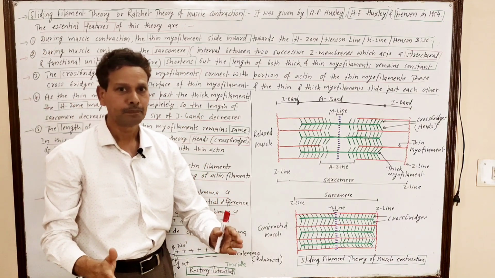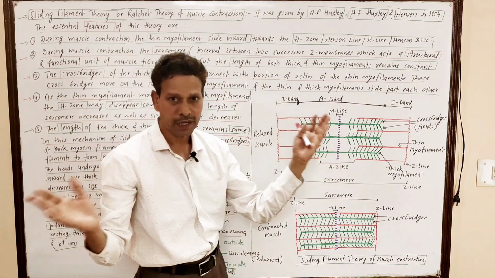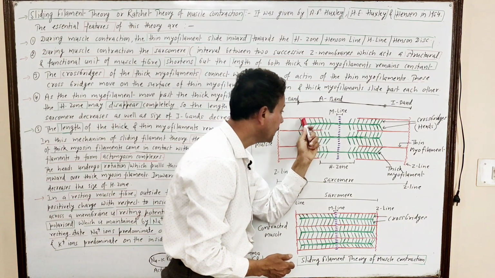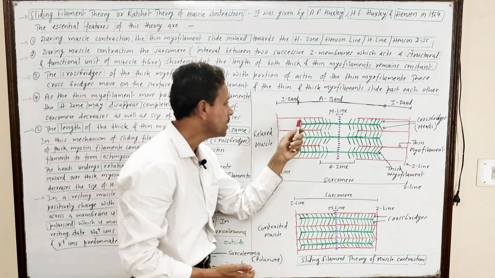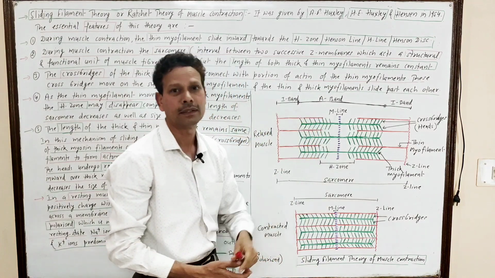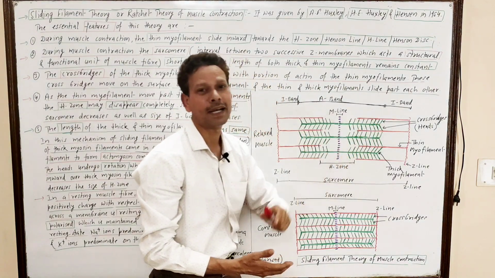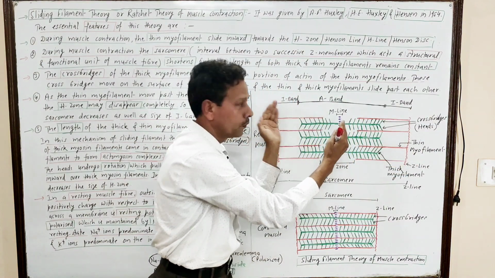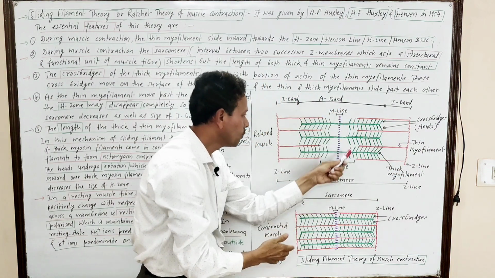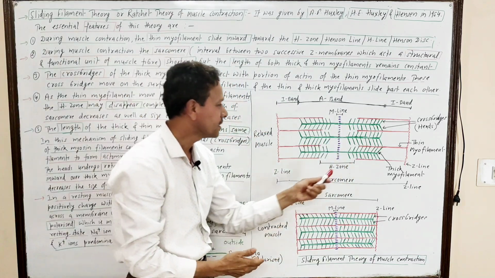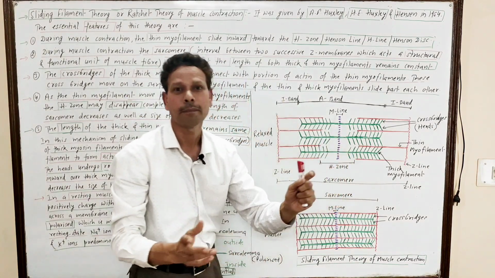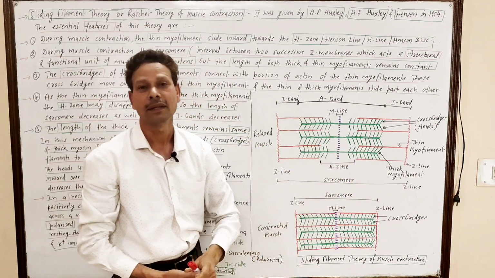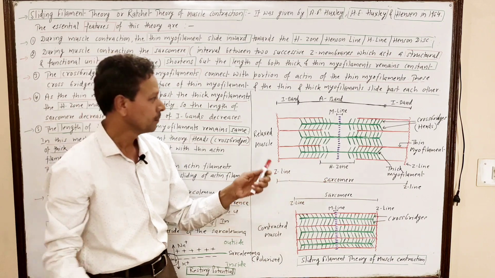During muscle contraction, the cross bridges, the heads of the thick myofilaments, bind the thin myofilaments, and as a result the thin myofilaments move inward towards the H zone. As a result, the H zone or H line may disappear completely.